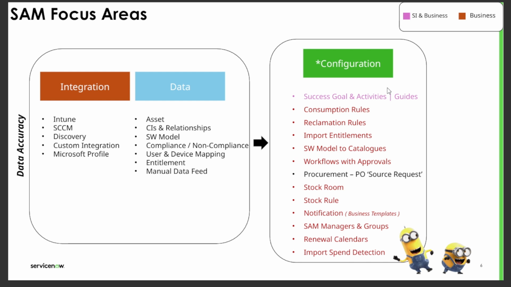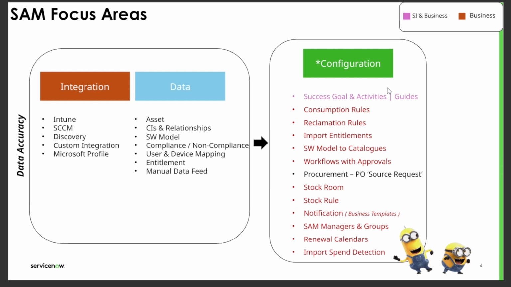Now I'm going to the reclamation rule point of view. The reclamation rule helps in harvesting unused licenses. For example, you are the user. Unfortunately, you have some medical leave. You are not using a Microsoft license or Adobe license or Citrix license for 3 months. To identify this item, you use the reclamation rule.